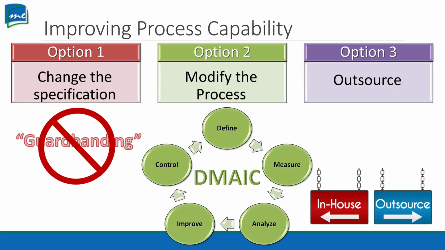So we need to improve our process capability. We have 3 options here. Well, we can change the specification. That's not always the best, because what we're concerned about is what's called guard banding, and that's what engineers will usually do.